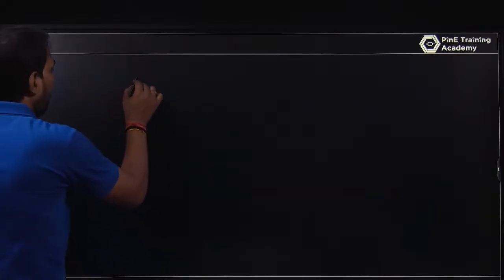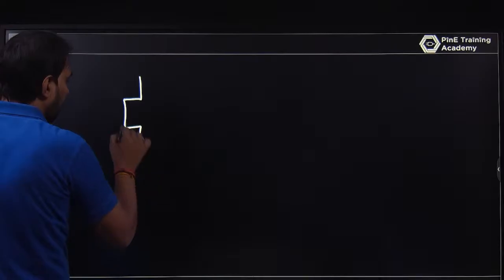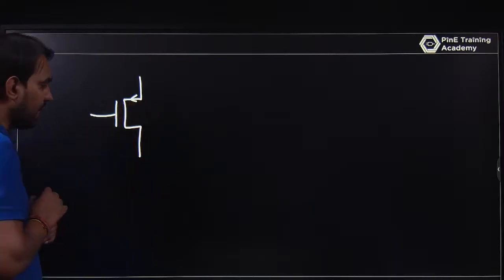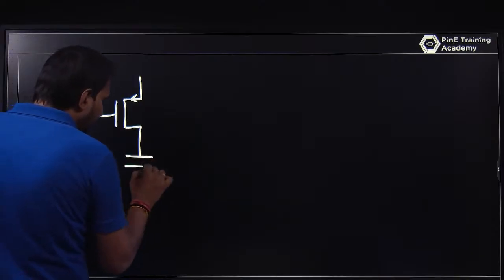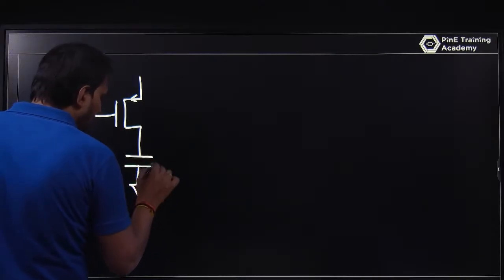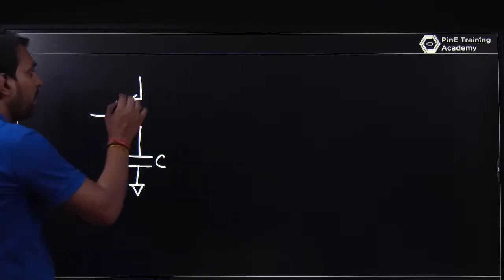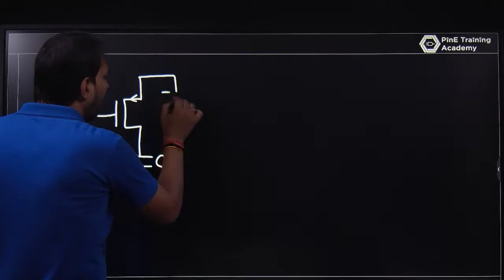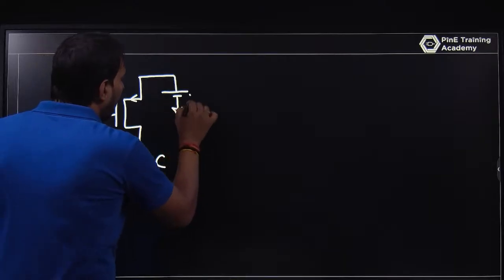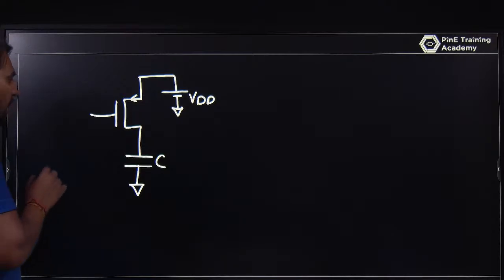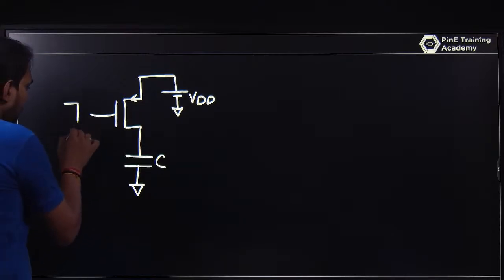So let's say we have a PMOS, and the PMOS symbol is like this, and we are using the PMOS as a charging element with a capacitor, and this capacitor will be charged with the help of the MOSFET, where the source has supply VDD, and here the supply is ground.